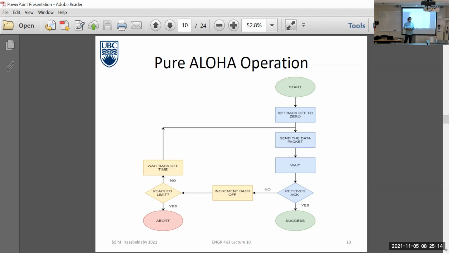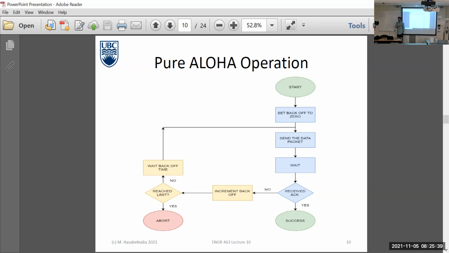A couple, I don't know, it depends on the transmission. You said a couple of what? A couple of seconds, well, actually, I guess for backoff times. Okay, and then it depends on the packet size. If you're sending a frame that's huge, you're going to need a longer time to send.